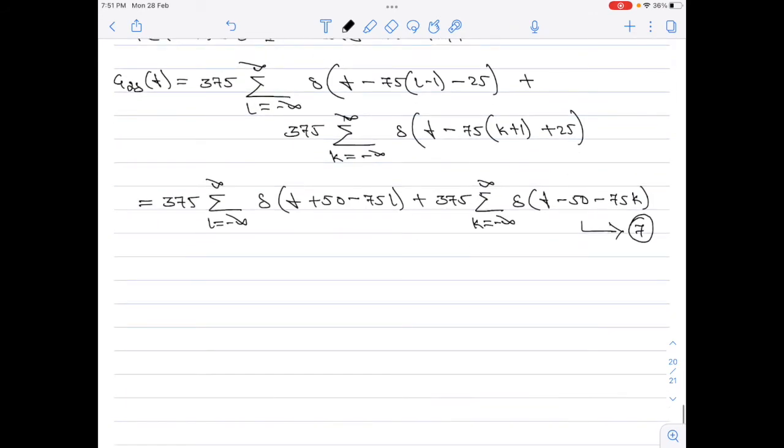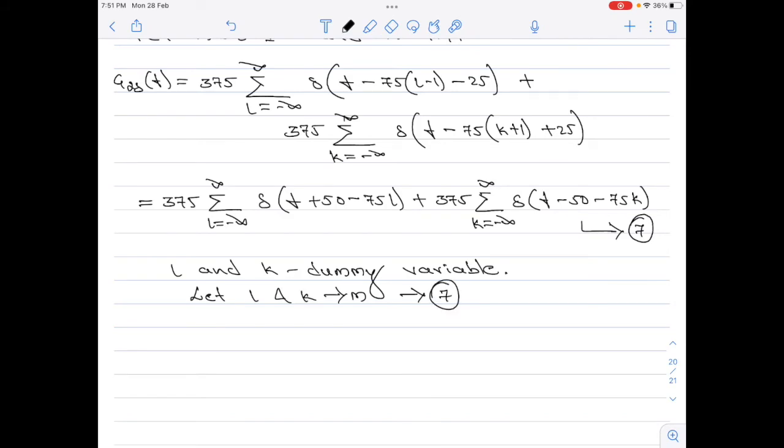Now, you must note that the variables L and k are absolutely dummy variables. So, it is completely possible to replace these variables by m. So, what I am going to do now is let the values of L and k be replaced by the variable m. So, when I do this in equation 7, let us see what happens. Let me just rewrite equation 7 here.